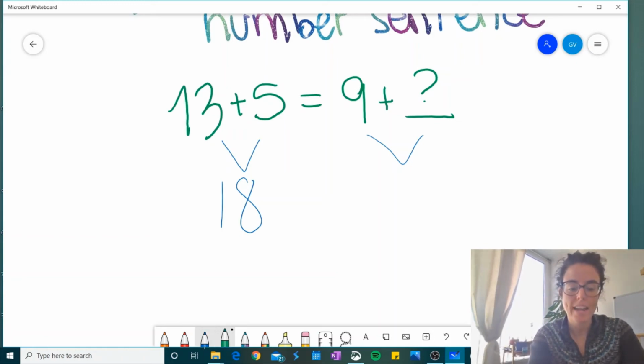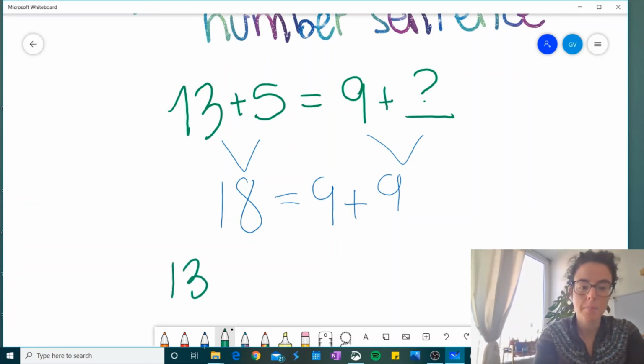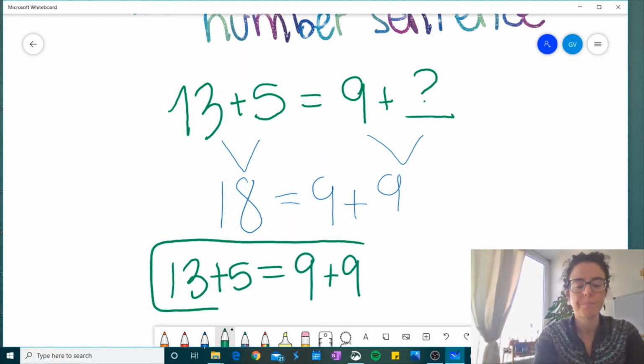So we can say that 18 is equal to 9 plus 9. So our final math sentence, our balanced number sentence, will be 13 plus 5 is equal to 9 plus 9.